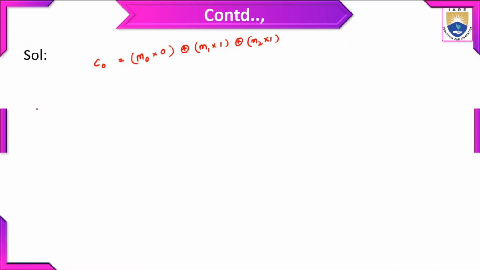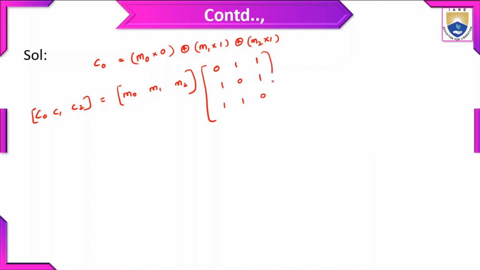For that, here C0, C1, C2, these are the three parity bits, that is equal to M0, M1, M2 into this coefficient matrix 0, 1, 1, 1, 0, 1, 1, 1, 0. This is my coefficient matrix. So by using this coefficient matrix, I am going to find the parity.